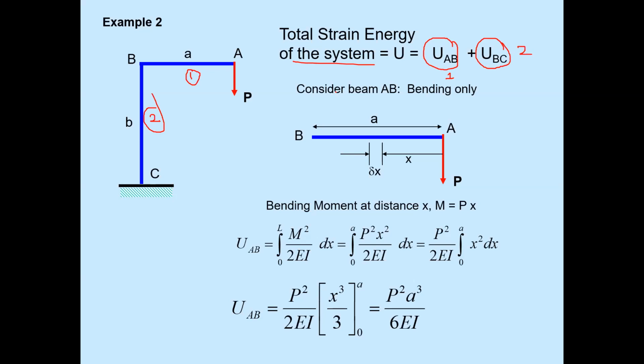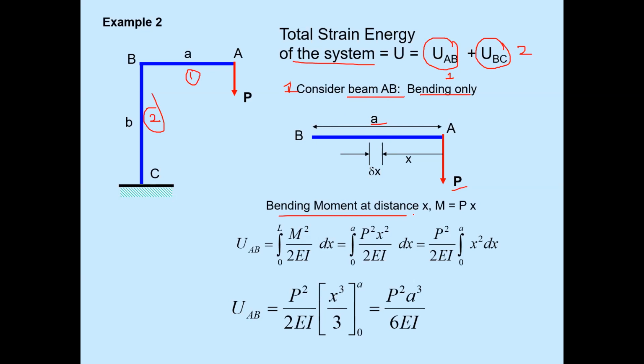So first we are considering member 1, that is member AB, beam AB. Here only bending occurs. A to B, the length of the member is a. The force applied to the member is P, and at a distance of x, we assume the element dx.